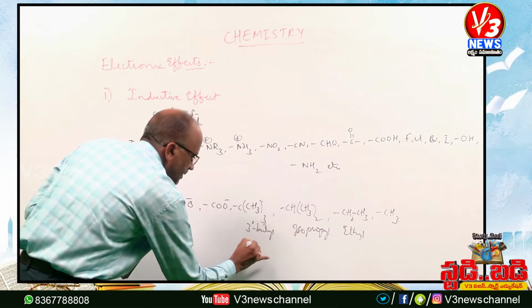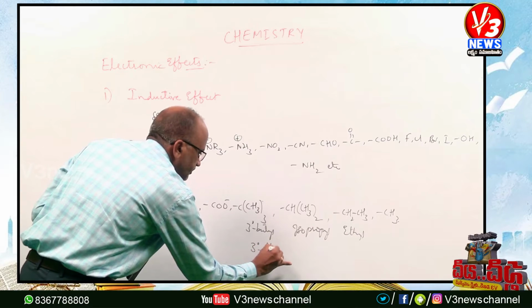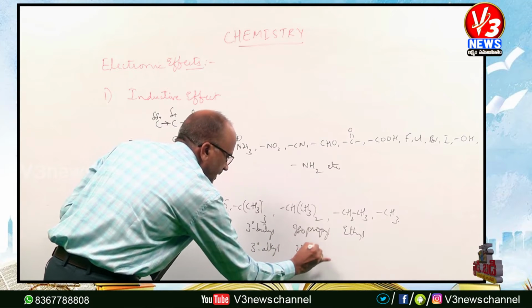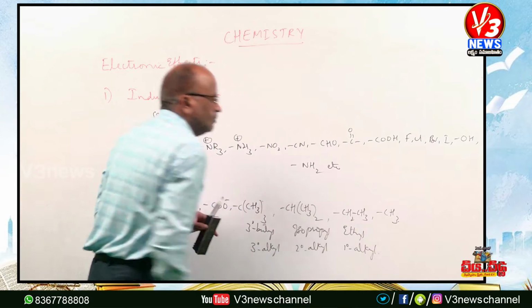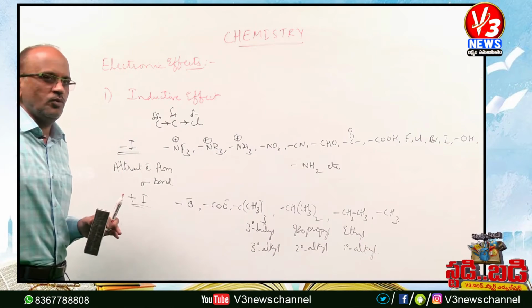Or you can say tertiary alkyl is greater than secondary alkyl, which is greater than primary alkyl. So these are plus I groups.